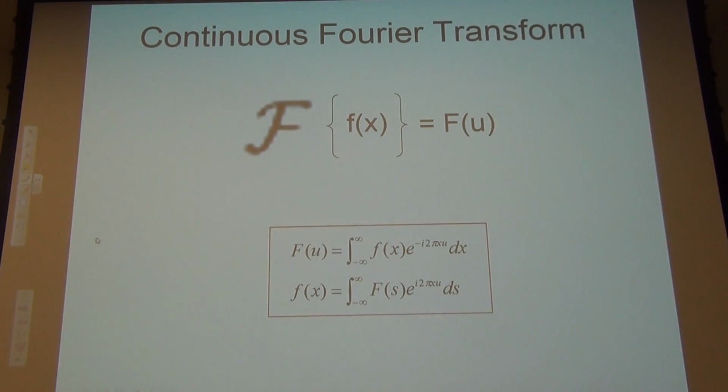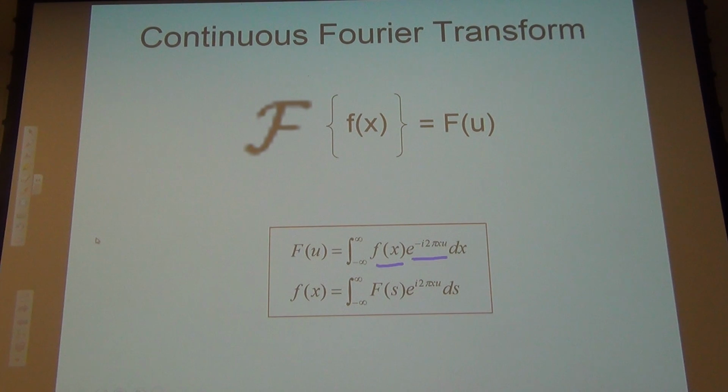So this is the continuous Fourier transformation. F(u) equals the integral from negative infinity to infinity. f(x) is the signal in the spatial domain or time domain. You multiply by e to the negative i 2 pi x u, dx.